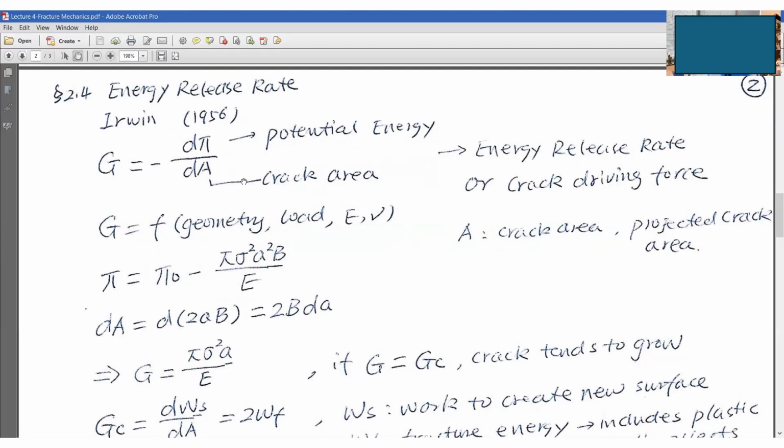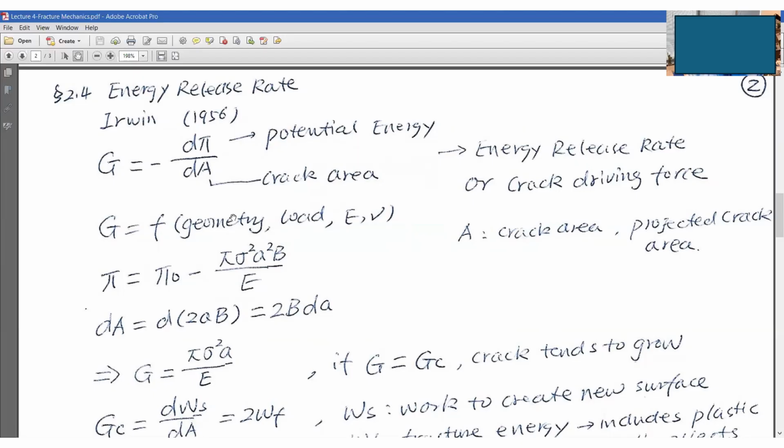You should know that A is a cracked area, not a surface area. The surface area is double the cracked area, so be very, very careful.